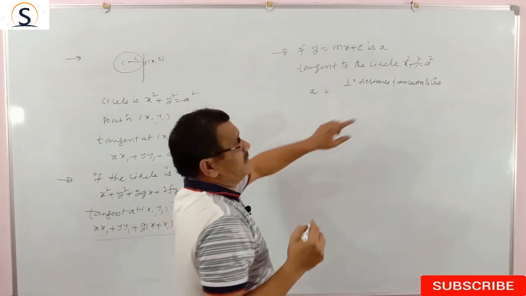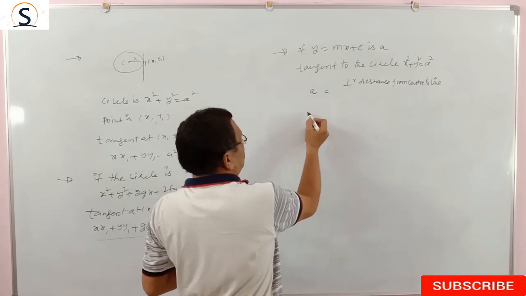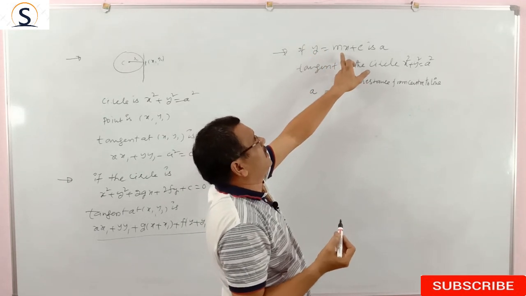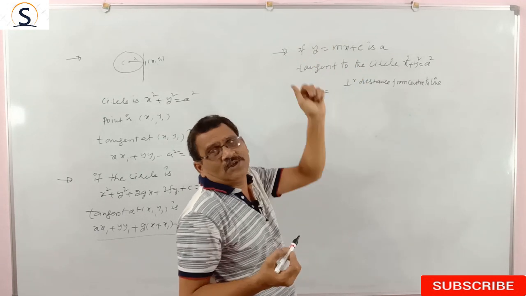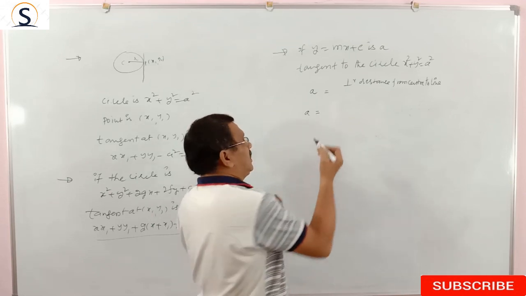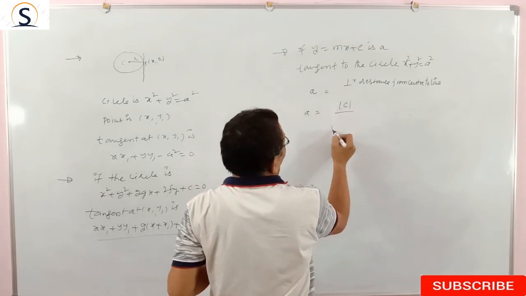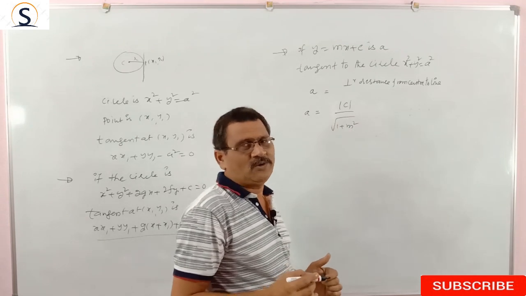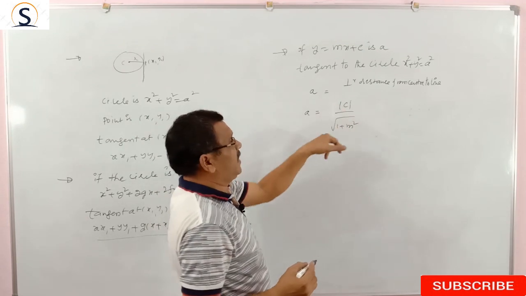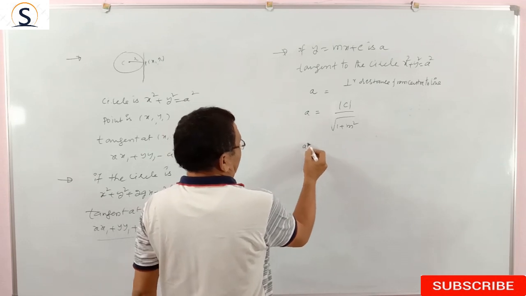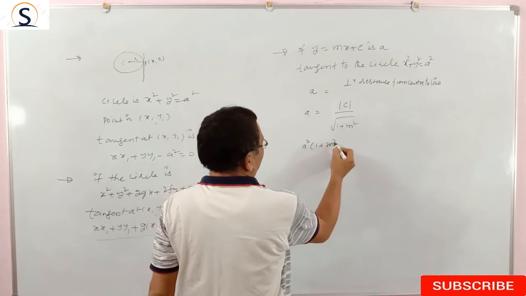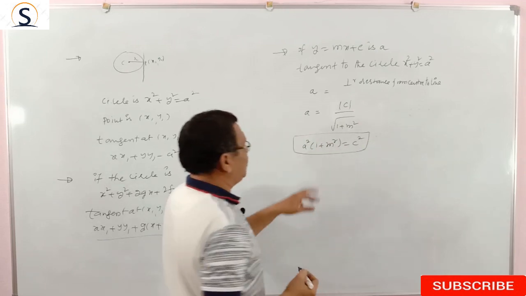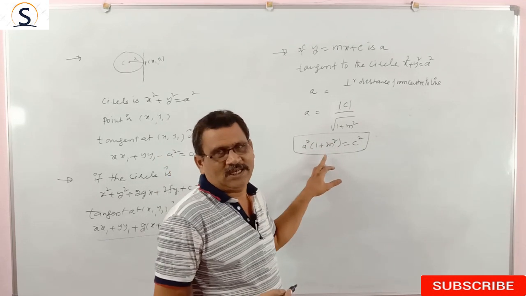The radius a is equal to the distance from the center 0, 0 to the line, which is mod c by under root of 1 plus m square, that is, x coefficient square plus y coefficient square. Now, squaring on both sides, a square into 1 plus m square is equal to c square. This is the condition for tangency.